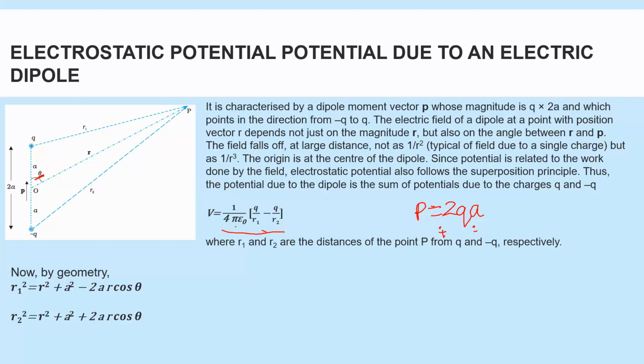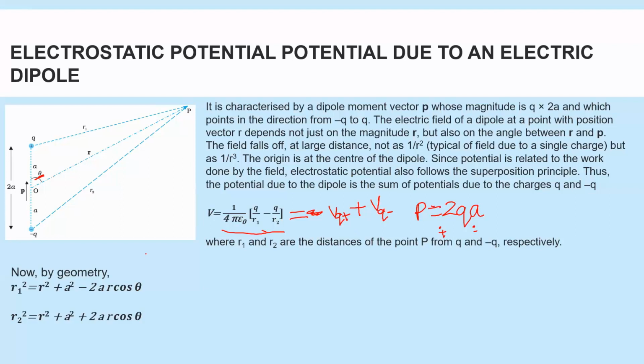This is the potential due to the dipole, and it is actually the sum of V due to Q positive plus V due to Q negative. So by the superposition principle, we are going to find the electrostatic potential due to the dipole.